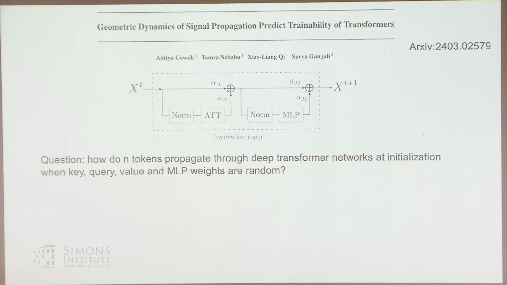The methods of dynamic mean field theory are to take a high-dimensional stochastic dynamical system and try to derive low-dimensional order parameters and write down recursion relations for those order parameters. If we have N choose 2 angles that we need to keep track of, that's going to be hard to do. So the trick that we use is to start with a permutation symmetric initial condition.